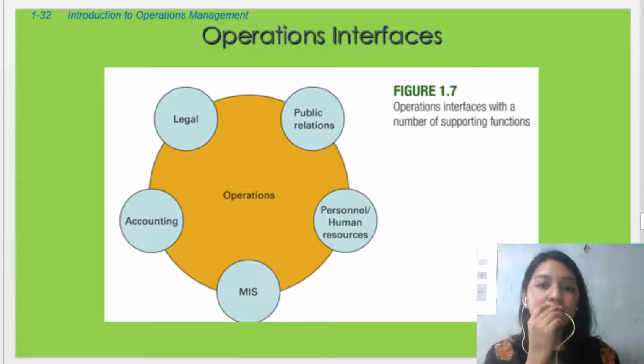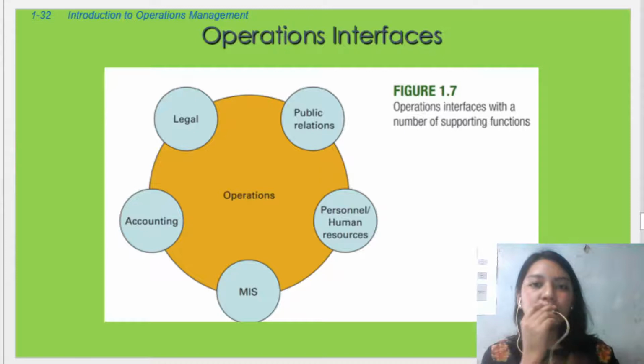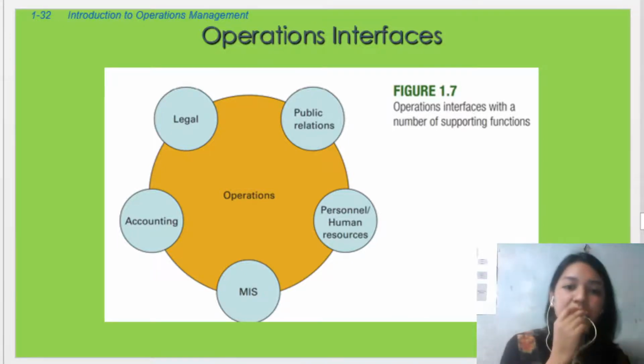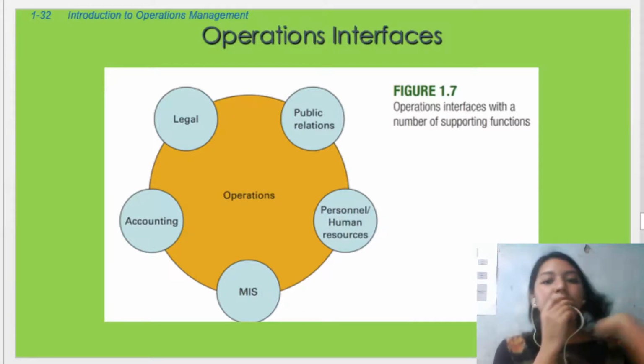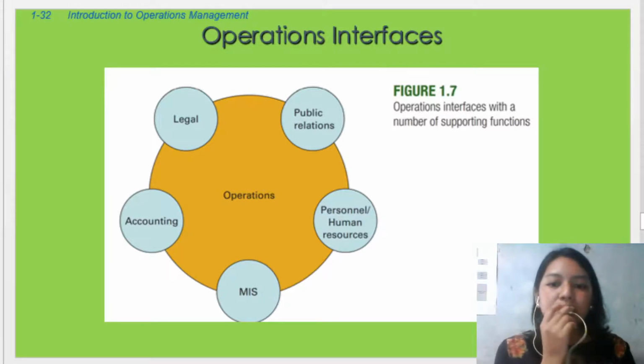First is legal. The legal function of the business is important for operations in such a way that the operations will know the legalities. If they need consultation on the contracts, this is the department they will approach.